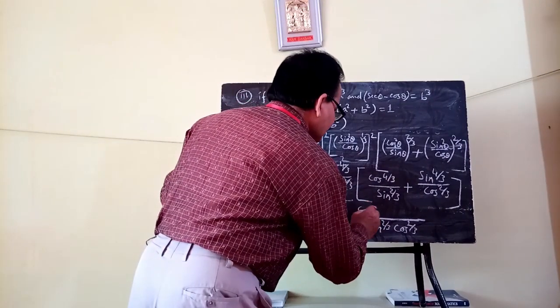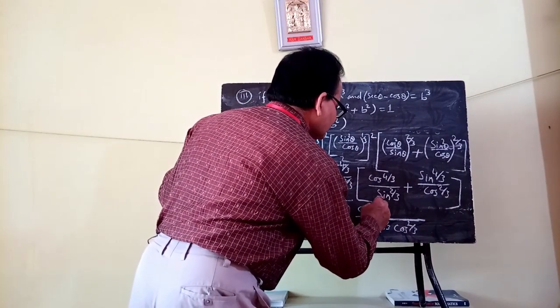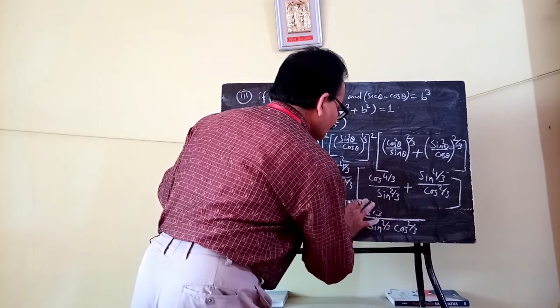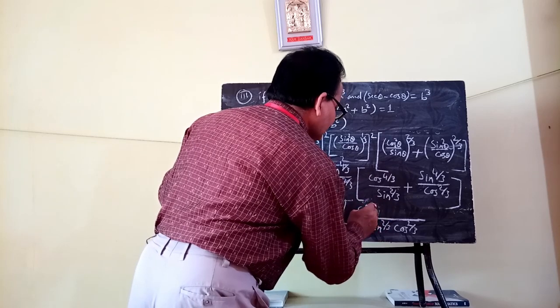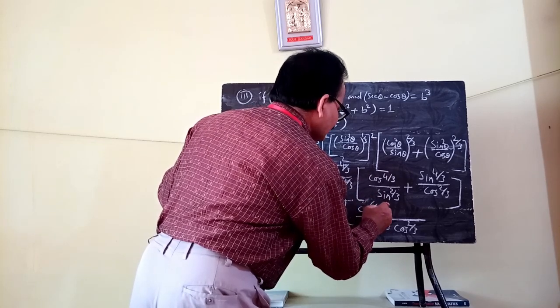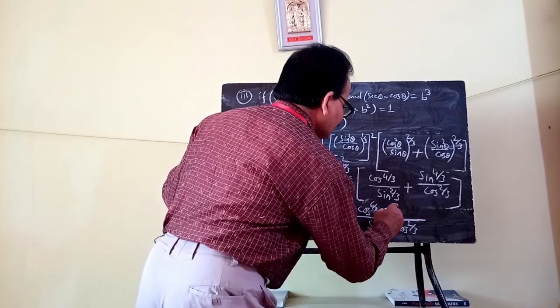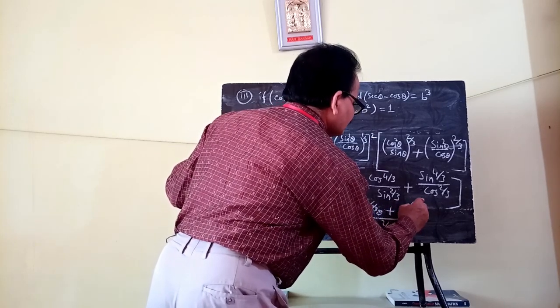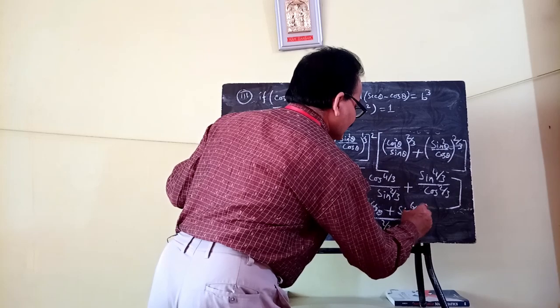So that means this is cos to the power 6 by 3 theta, plus this is sine to the power 6 by 3 theta.